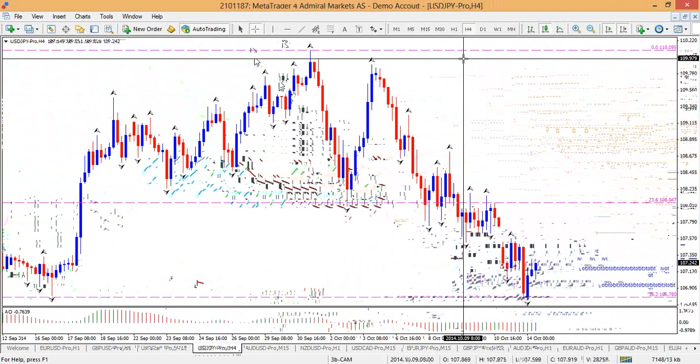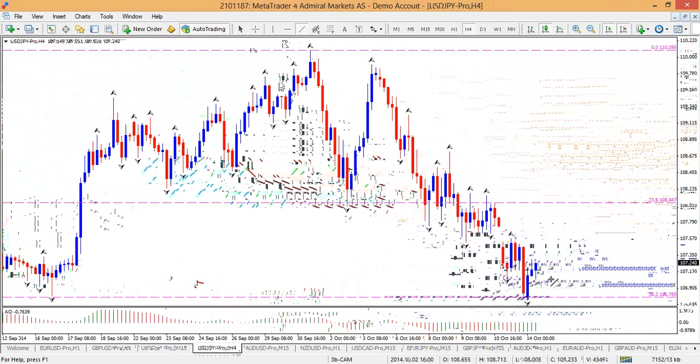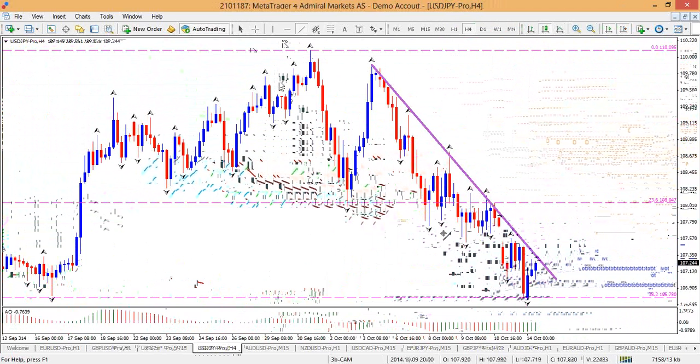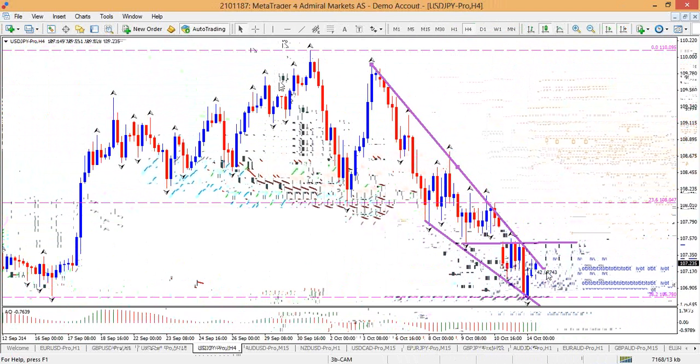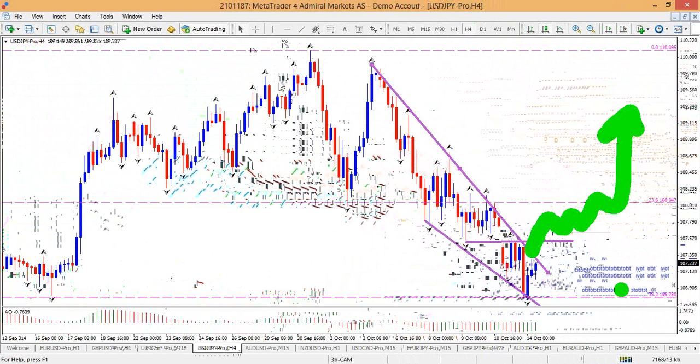For us to see that confirmation, we need price basically to break out of its bearishness on the 4-hour chart by, for instance, breaking out of this falling wedge and probably breaking above this resistance level. Once price starts to break above that, we're making higher highs and higher lows, and an upswing could be back in play.